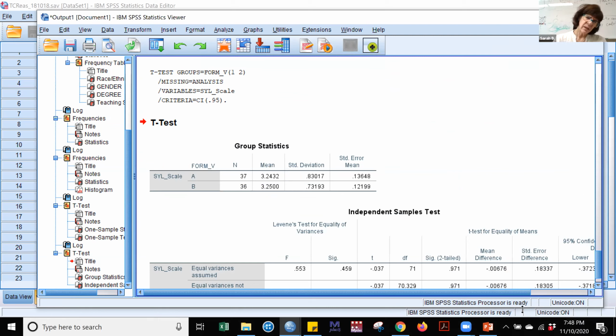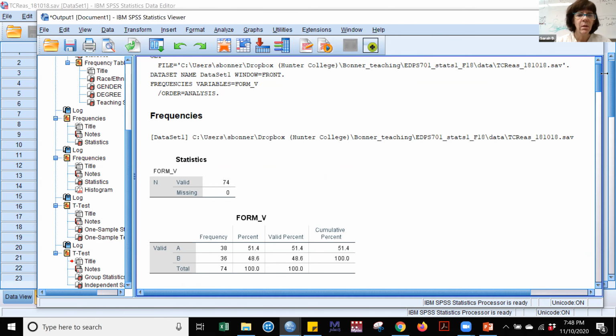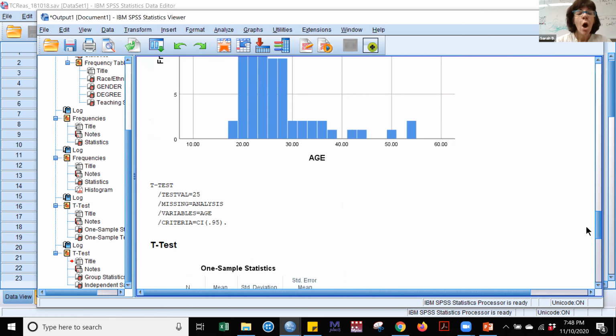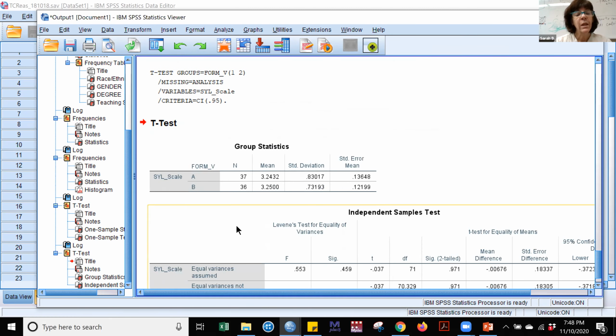For some reason that looks a little bit different. That's odd. Is that odd that this says that Form A occurs 38 times and Form B occurs 36 times? Oh, we lost a person.